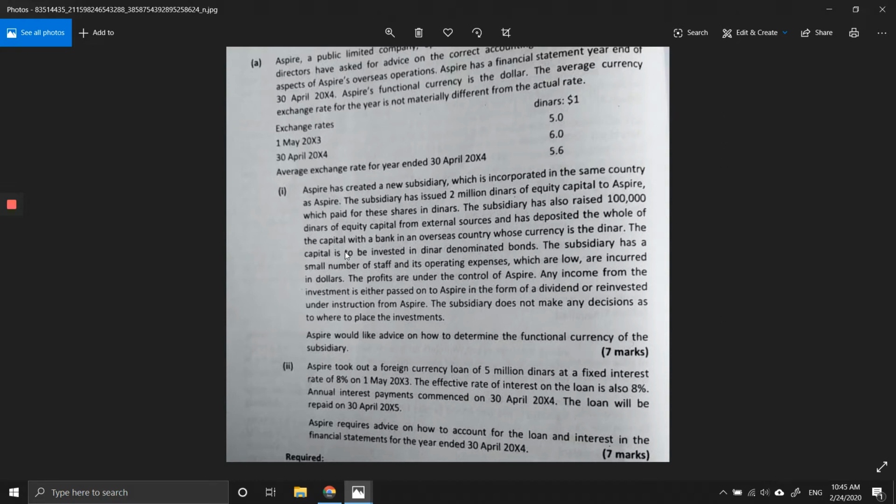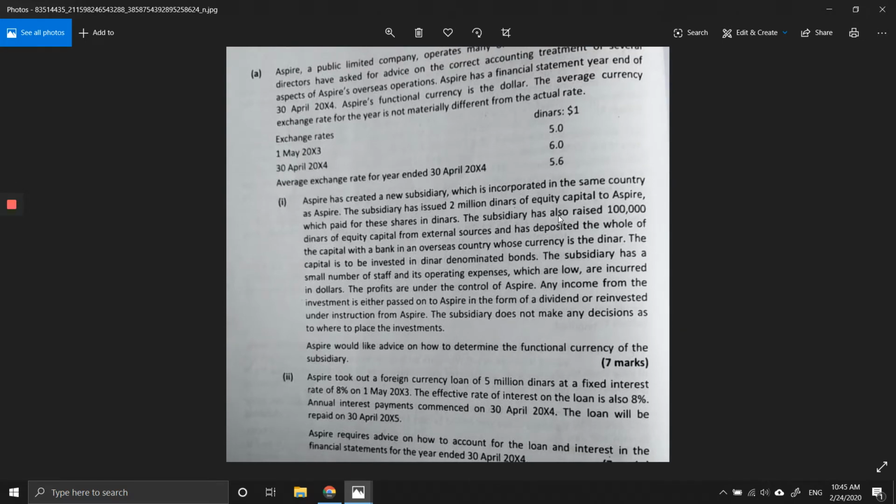functional currency. Aspire has created a new subsidiary which is incorporated in the same country as Aspire. The subsidiary has issued 2 million dinars of equity capital to Aspire, which paid for the shares in dinars. The subsidiary has also raised 100,000 dinars of equity capital from external sources and has deposited the whole capital with a bank in an overseas country whose currency is the dinar.